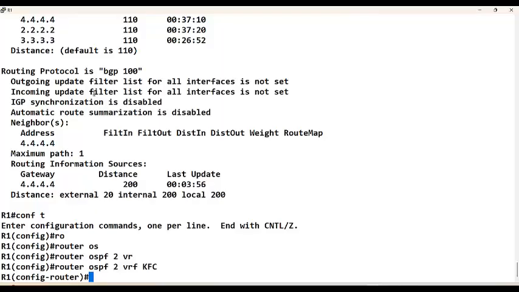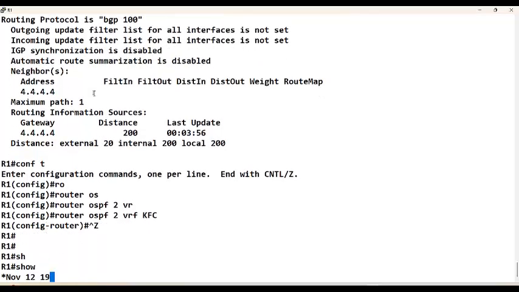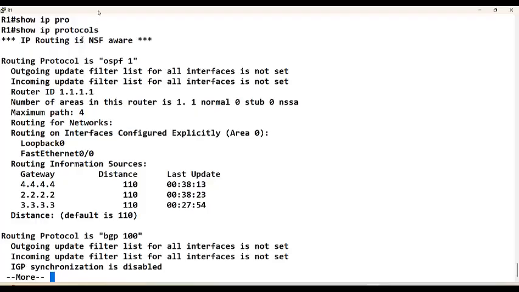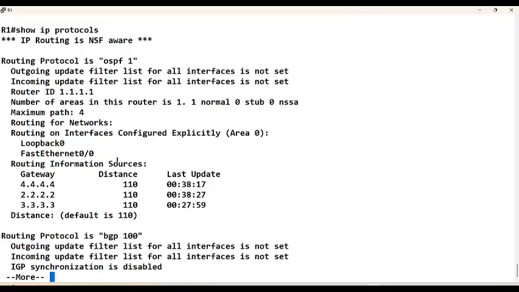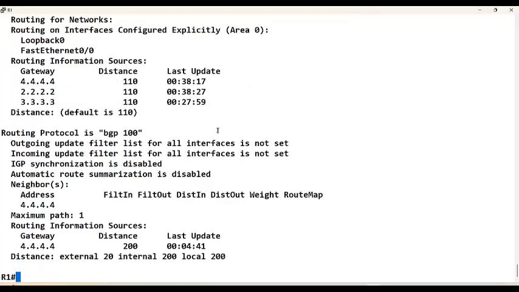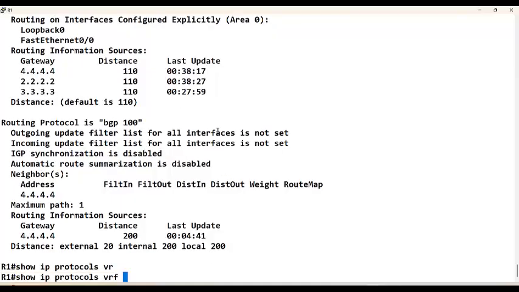Now you go and see, show ip protocol. You will see another OSPF. Show ip protocol won't show you here because it is for the VRF. This is showing only the global routing table, global control plane protocols. Show ip protocol vrf KFC or vrf all.